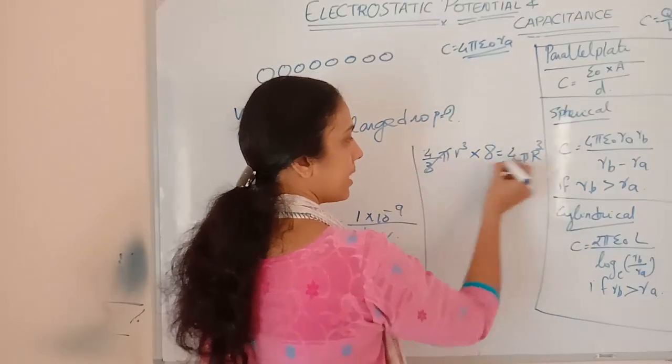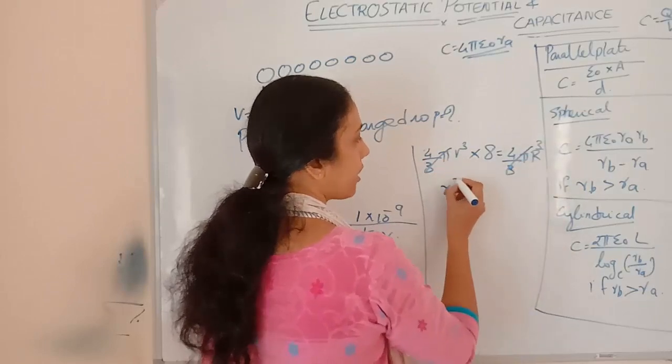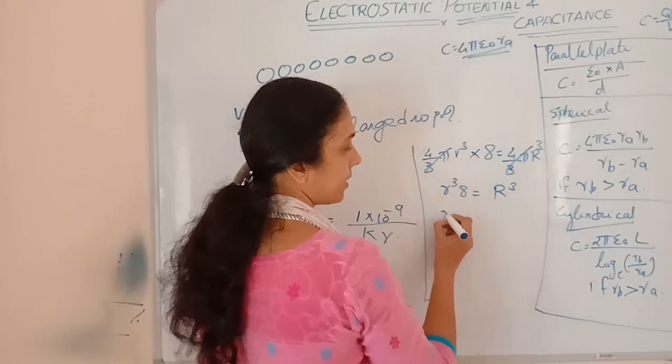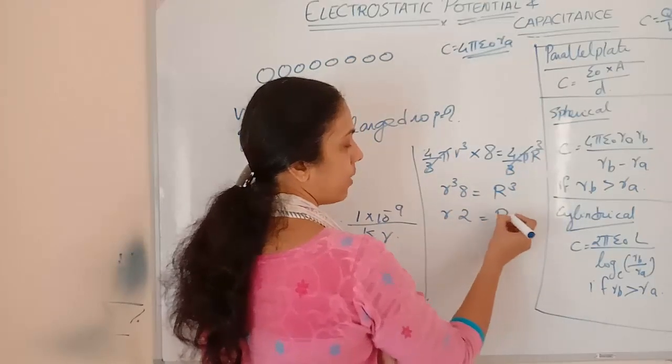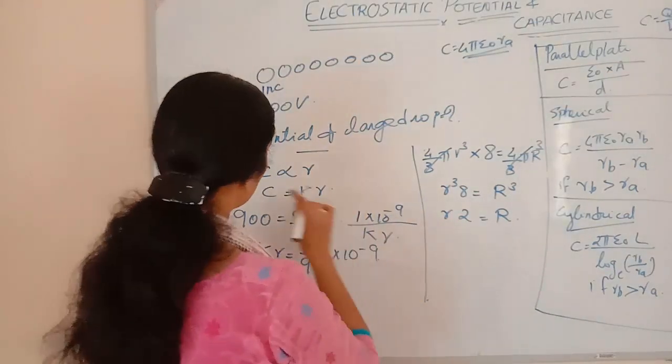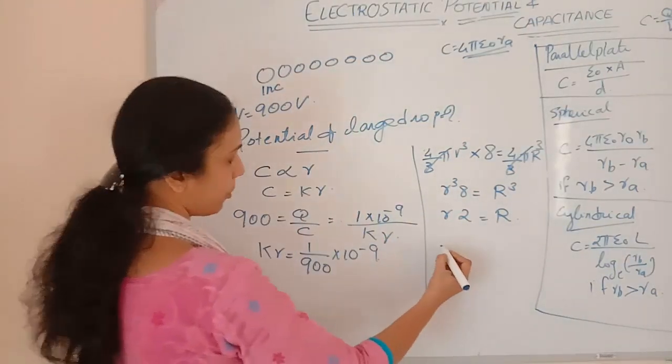So we get 8 r cube equals R cube, or we can write 2r equals capital R.